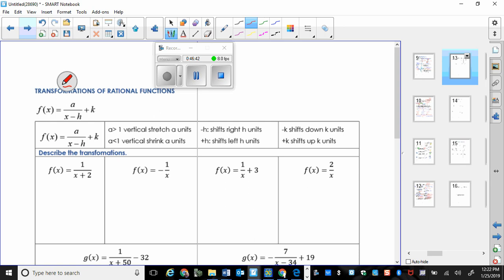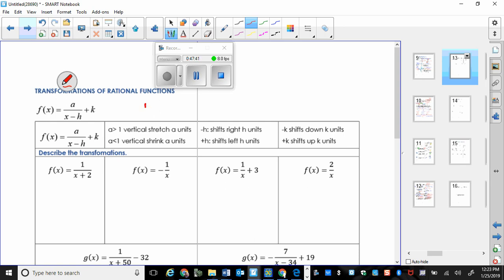Pretty much the last thing we're going to cover is transformations of these functions. So these functions can reflect. If I were going to look at 1 over x and then I changed it, this is what I want you to do.